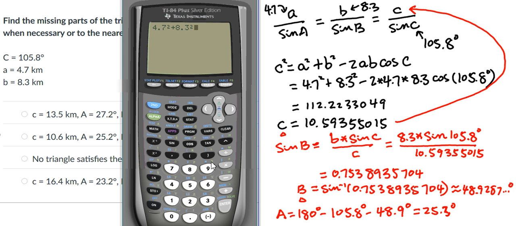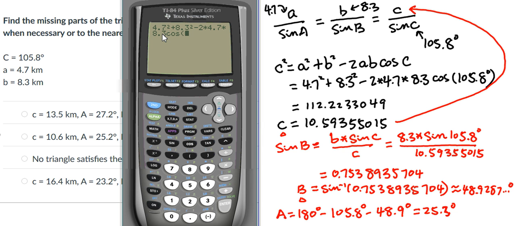Here we delete, squared, this one. And then minus 2 times 4.7, and then times 8.3. So 4.7 squared plus 8.3 squared minus 2 times 4.7 times 8.3, and then you may type cosine without multiplication.